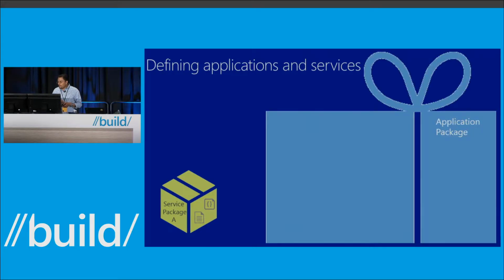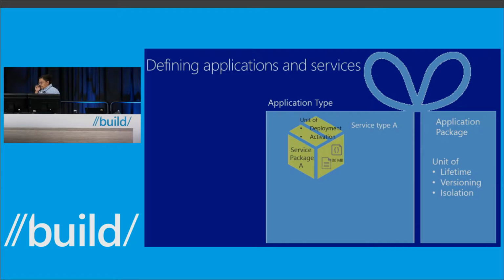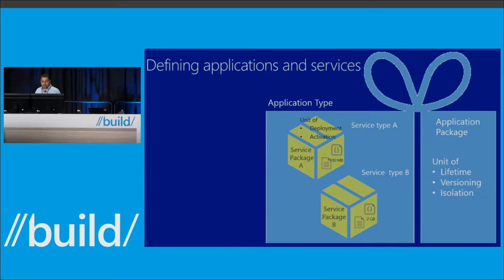Each of these service packages, of course, has to be contained in something. That container is called the application package. This application package is the unit of lifetime versioning and isolation. Let me give you a simple example. An online ticketing application may contain an inventory management service, a payment service, and a printing service.